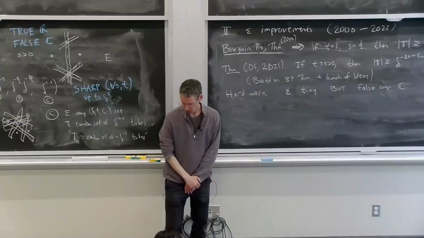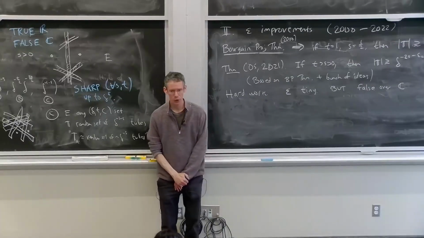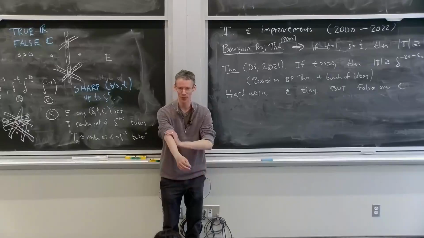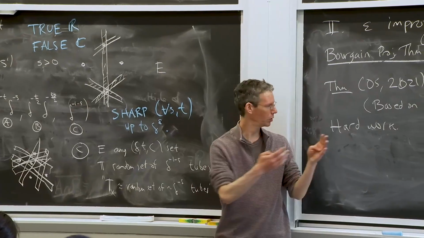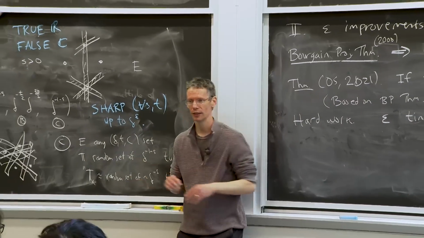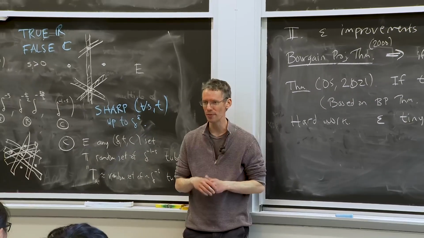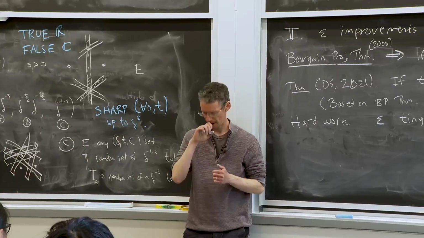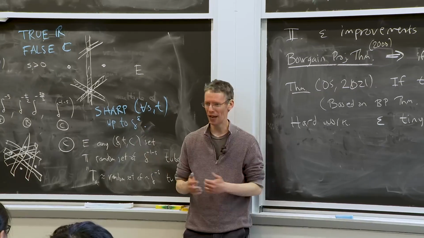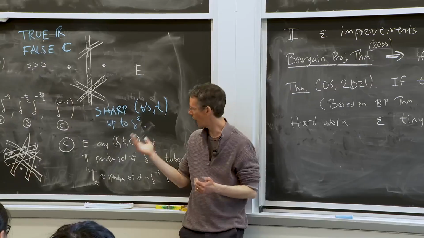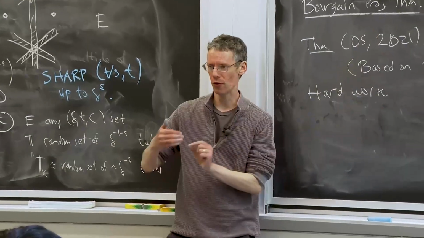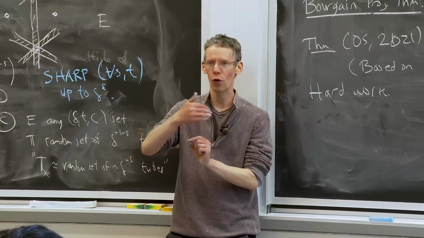So the story I wanted to explore over the last three classes is how is it possible to get from these epsilon improvements to sharp theorems? That's our theme for the rest of the class. And if I had to say it in a couple of sentences, what happened was people found a way where you can use an epsilon improvement theorem over and over again.